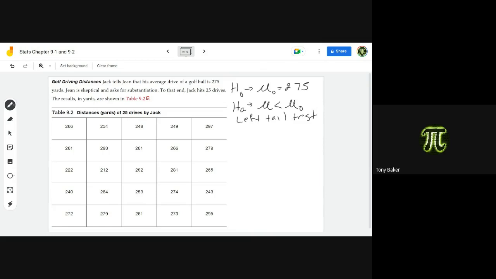If he's accurate, his drive should average out to right around 275. If it's way less than that, he'd be wrong, right? So what would we now need to figure out to do this? Okay, so we need to figure out the mean of those hits, right?